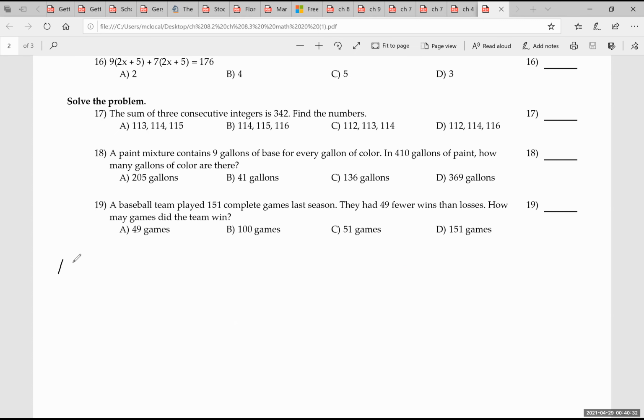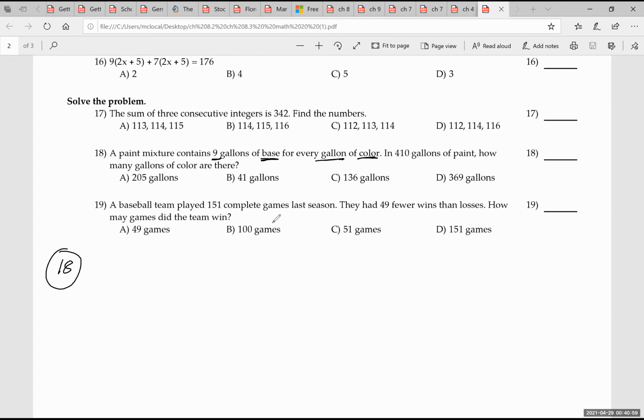All right, problem number 18. They're saying a paint mixture contains 9 gallons of base for every gallon of color. For every gallon of color. So if you add the base to the color, you will get a paint, right?